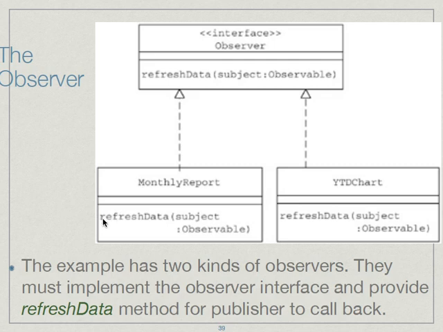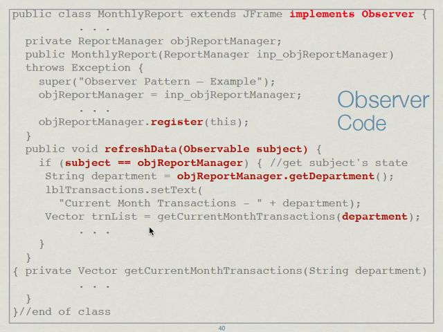So the purpose of this refresh data is to update the display on the client side, on the subscriber side. So this is what the subscriber would do. When they start, they register themselves to the publisher.